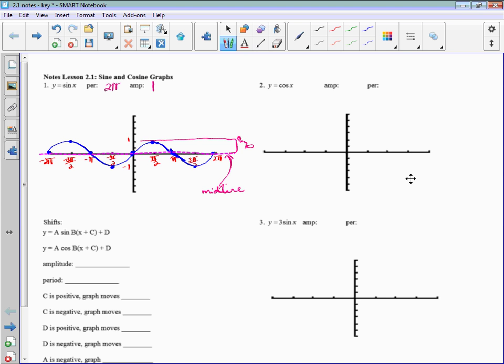Okay, so take a minute here, try to graph cosine. Start off by thinking about what is the cosine of 0.